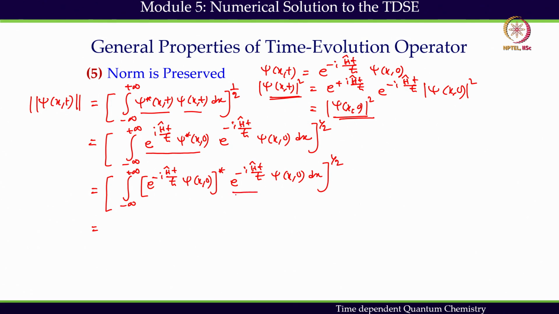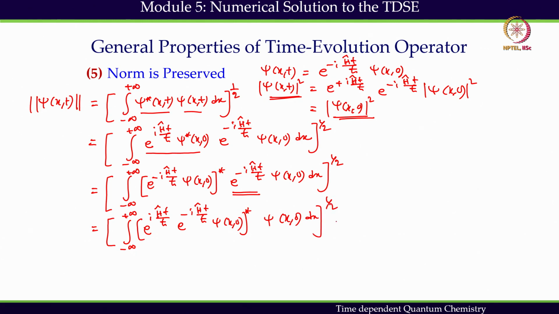This I can write down because I can take the adjoint. So, if I take the adjoint of this, it is going to be the integral from minus infinity to plus infinity of e to the power i h t by h cut e to the power minus i h t by h cut psi x 0 star psi x 0 dx to the power half.